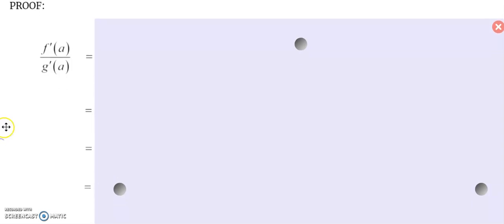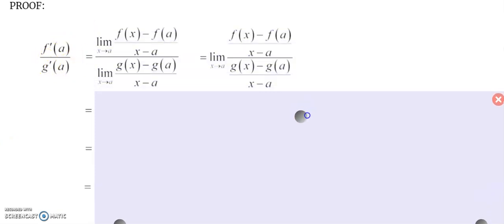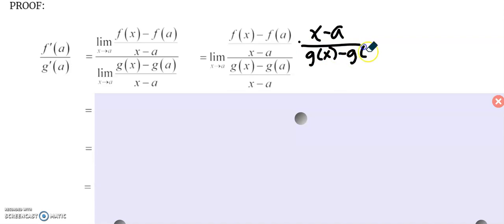So here's a proof of how this works. F prime of a over g prime of a. Hopefully we can all get behind this argument. This is our limit definition for the derivative of f. This is our limit definition for the derivative of g. Well, because this is one whole limit, we can rewrite it as such. When you divide two fractions, you really are going to multiply by the reciprocals. So x minus a over g of x minus g of a.